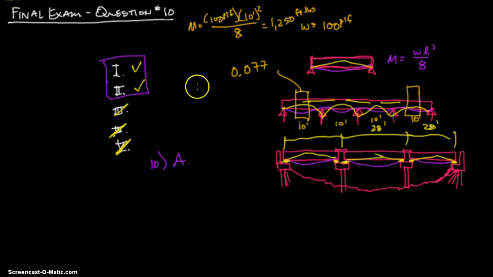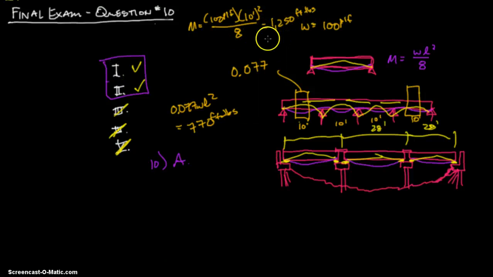All right, now let's look at this. What is 0.077 WL squared? It equals 0.077 times W, which is 100, times 10 squared, equals 770 foot-pounds. And as you can see, when you make it continuous, it's quite a bit less, actually.